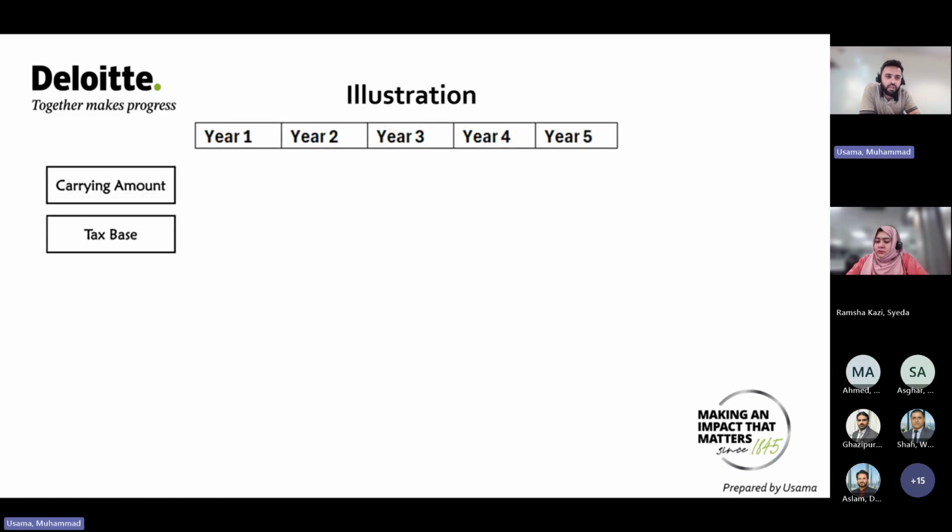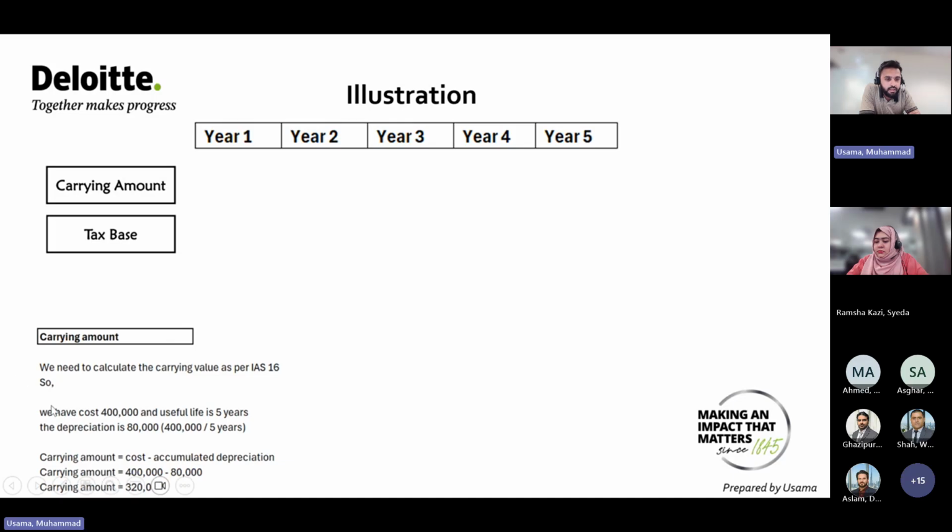We need to calculate the carrying value as per IAS 16, which is 4 lakh, and the depreciation would be 80,000 per year. So the carrying value would be 3 lakh 20,000.